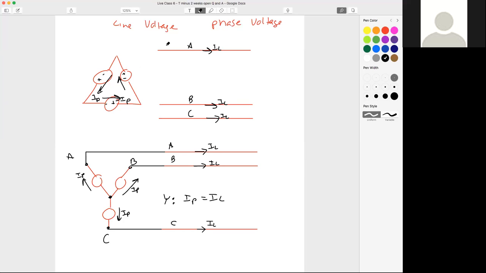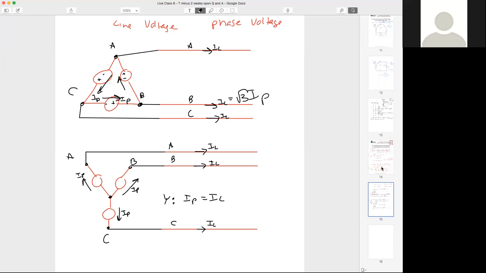Now we connect the A line to the A phase of our delta, our B line to our B phase of our delta, and our C line to our C phase of our delta. How do I go from the phase current of my source to my line? Easy. Line equals square root of 3 times my source phase current.